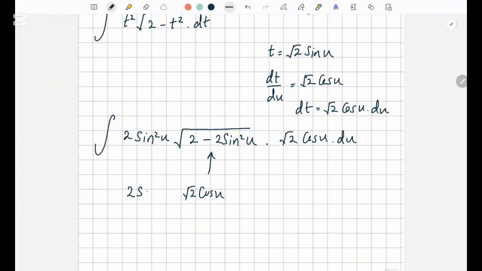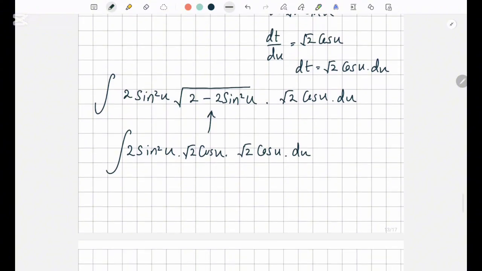So we had 2 sine squared u before that, and we have root 2 cos u after that. Now let's multiply everything together. We have 2 into root 2, which gives you 4, which we can take outside. So it's going to be the integration of sine squared u into cos squared u du.